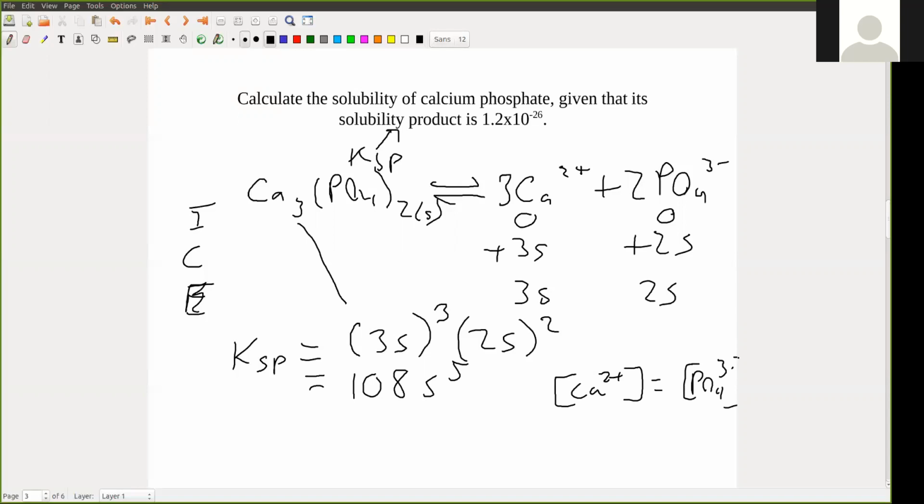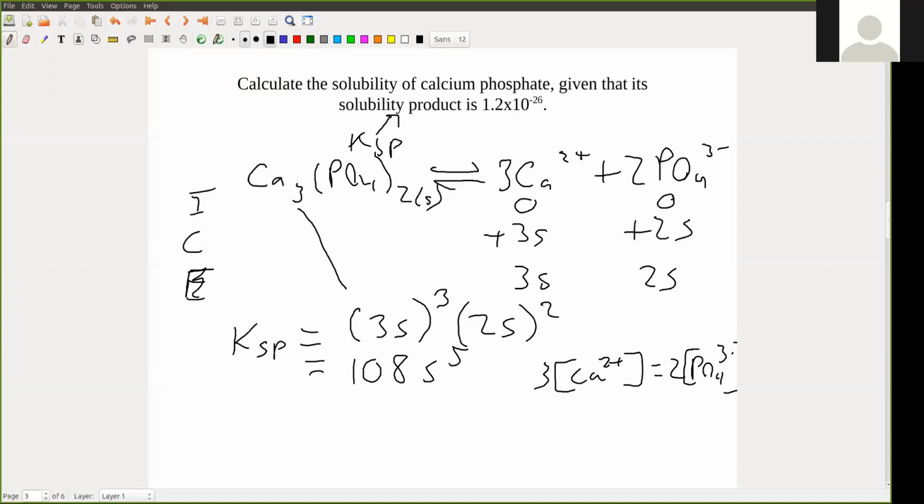But in order for that to be equal, there has to be 2 phosphates and 3 calciums, right? Because then you have a plus 6 on one side and a minus 6 on the other side. So that works. That's just a sanity check on what we're doing.